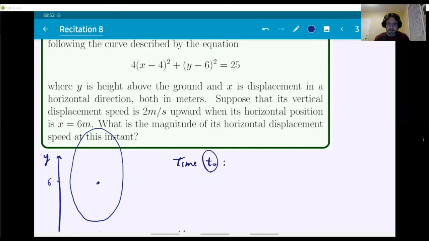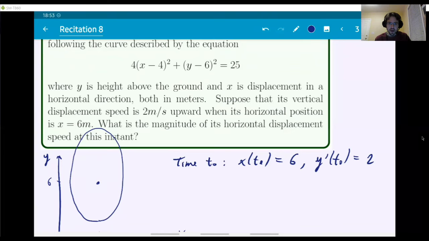It just means a specific time in the process. At that time, we're saying that the position x is 6, while the vertical displacement speed is 2. What does that even mean? Well, vertical is the y coordinate. Speed means time derivative. So we are basically saying y prime is equal to 2 upward, so positive. So this is information that's given to us at that instant.